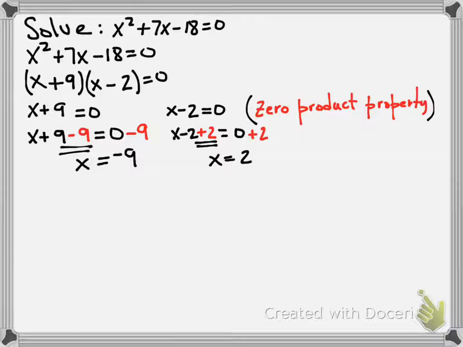Ladies and gentlemen, the solutions, the zeros, the roots, the x-intercepts of x squared plus 7x minus 18 equals 0 are x equals negative 9 and x equals 2.